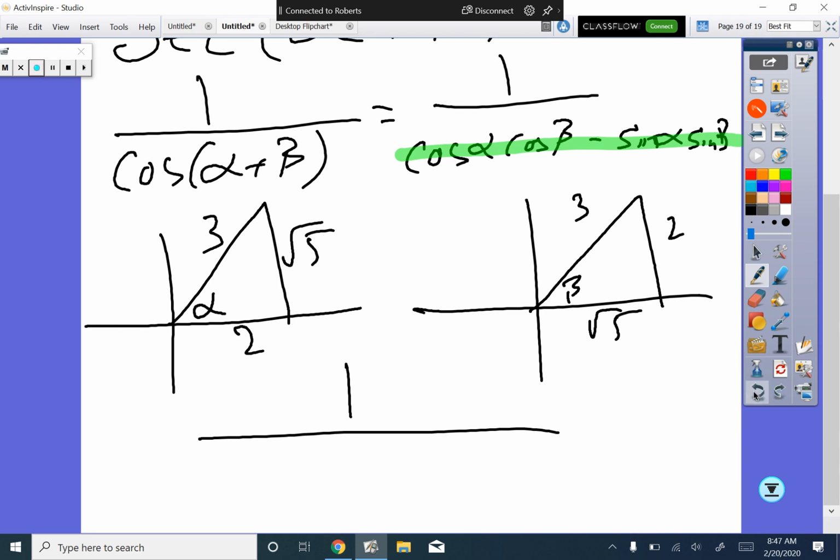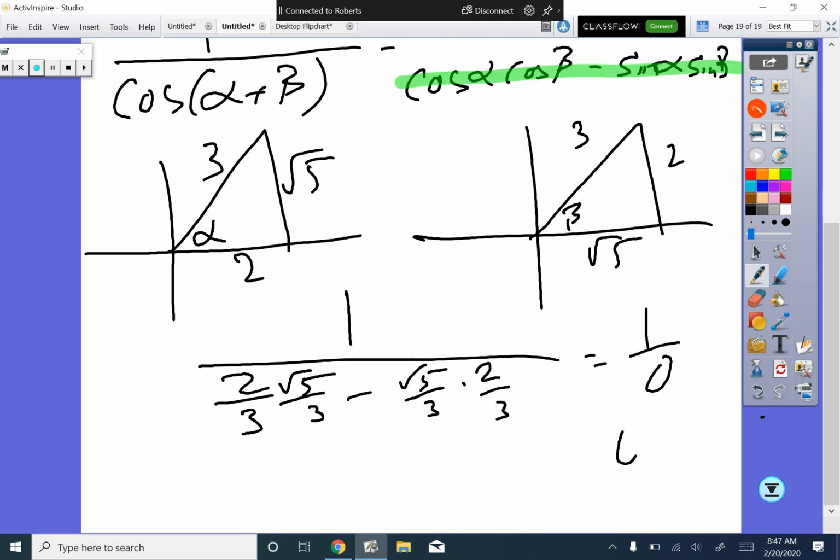And then cosine of beta is square root of 5/3. Square root of 5/3 times 2/3, plus or minus square root of 5/3 times 2/3. And then that's just canceling itself out, and the answer is 1 over 0. That's undefined.